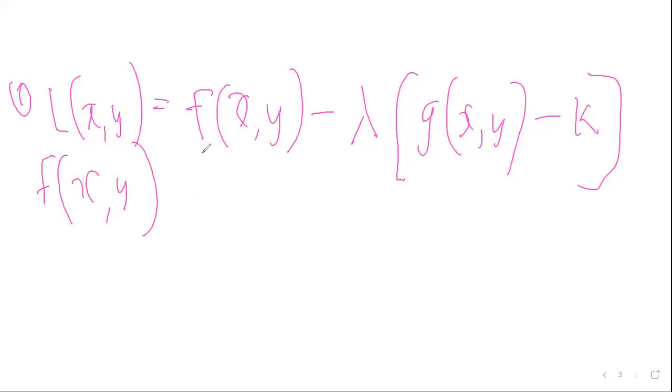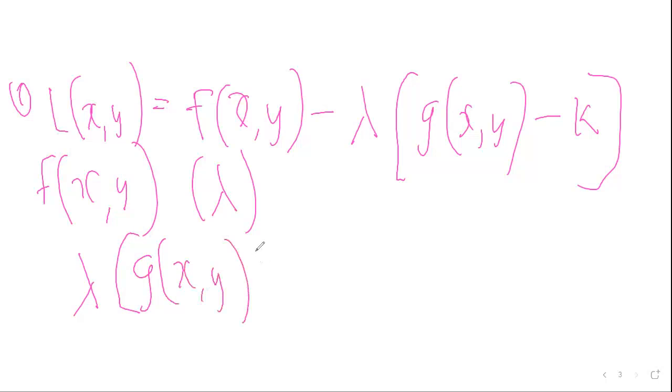When we multiply lambda with the constraint, we have lambda times the open bracket g(x, y) minus the constant. So this is the first step to follow.